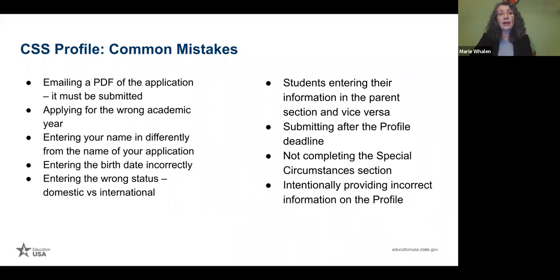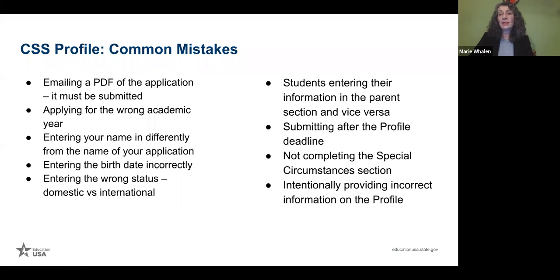So if you are applying for fall 2022, for example, you must submit the application for the 2022-2023 academic year, not the 2021-22 academic year, because that only goes through spring of 2022. If you submit for the wrong academic year, you will be asked by colleges and universities to submit a new profile, and you'll have to go through that process again. So be certain that you have picked the correct academic year.